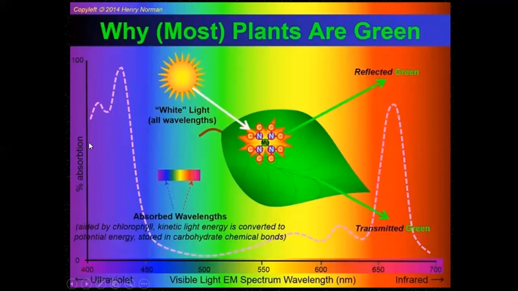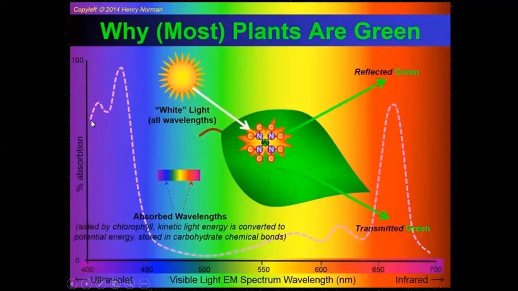In this diagram, you can see the absorption percentages, and this is the visible light electromagnetic spectrum wavelength. At this end of the spectrum you can see the light that is mostly violet and blue. At this end you see the red light.